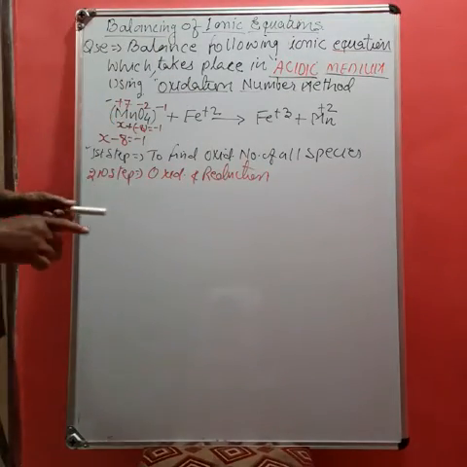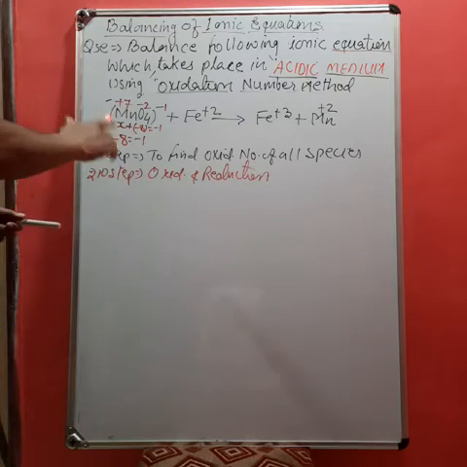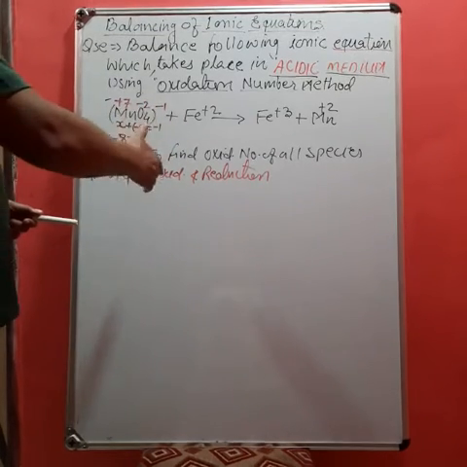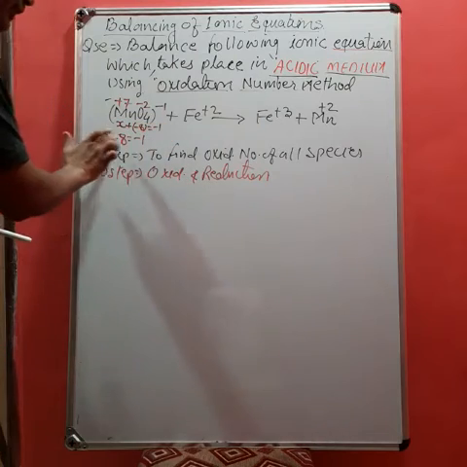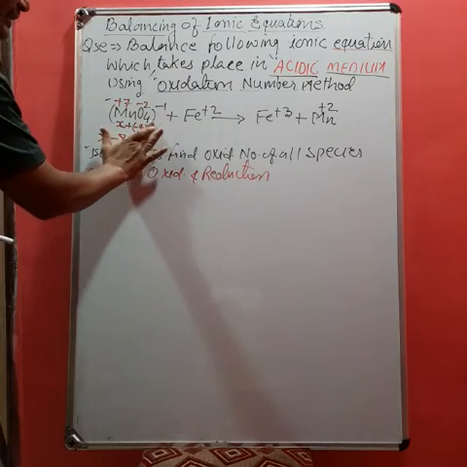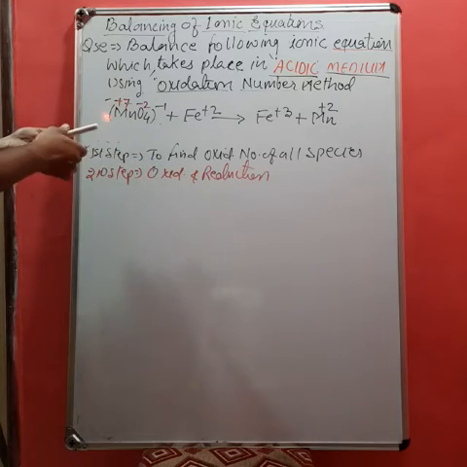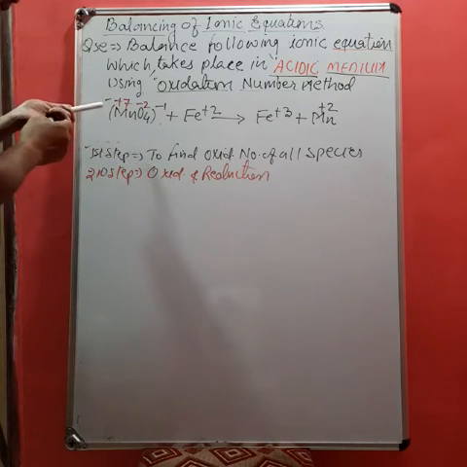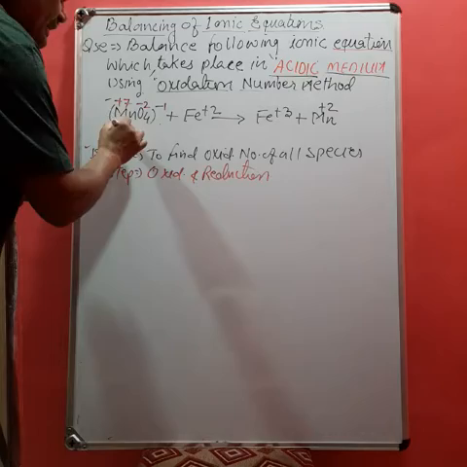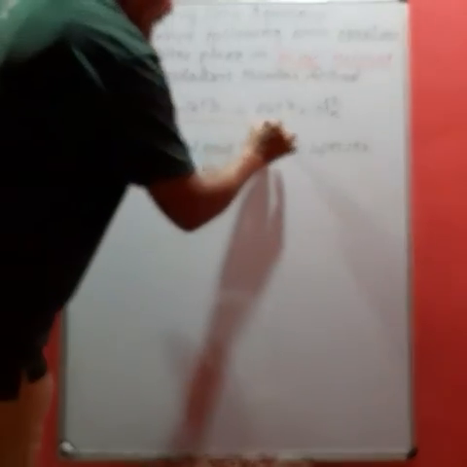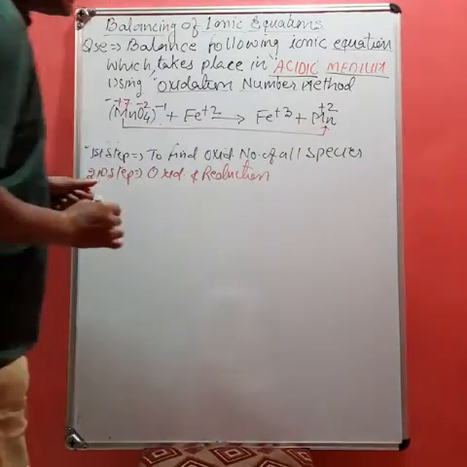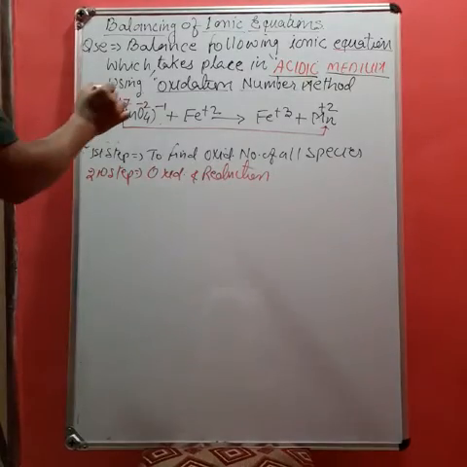Students, for that what we have to do? We have to compare the reactant with the product. This is rough work, therefore I am erasing it. Now this is Mn on the reactant side and this is Mn on the product side. What is the difference here?